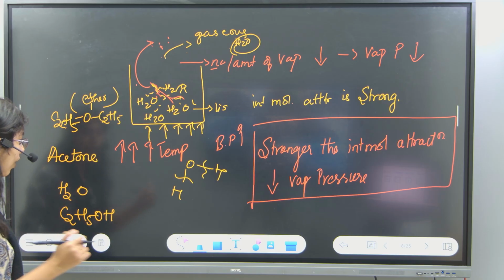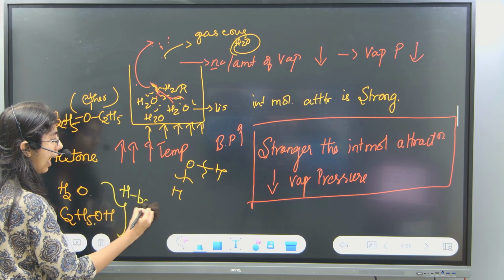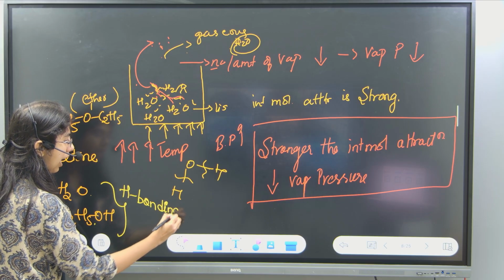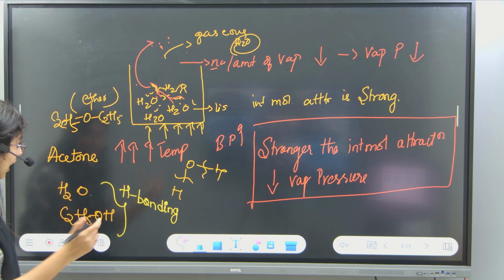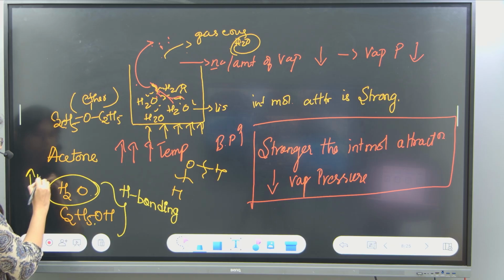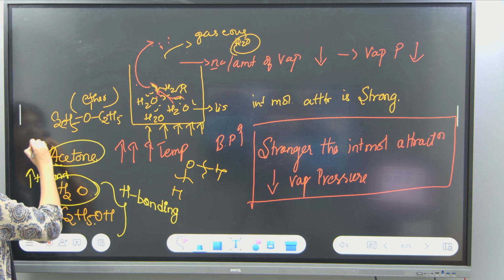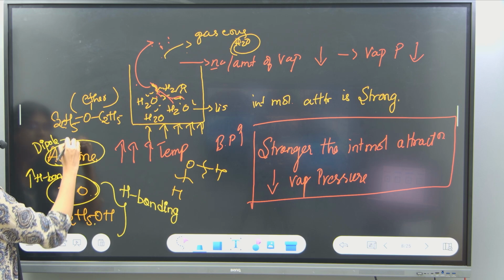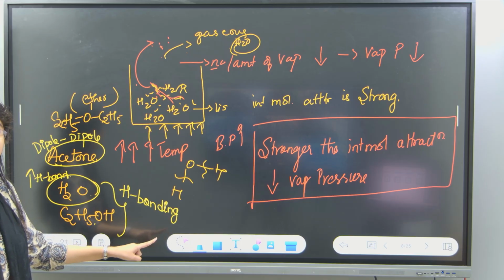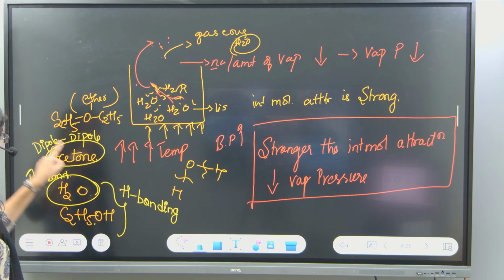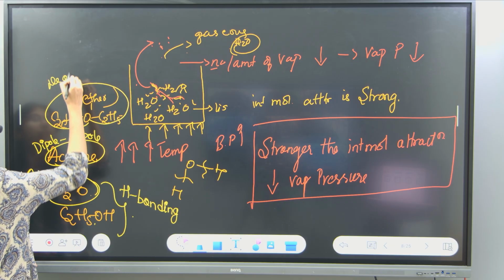As of now, remember that in case of alcohol and water, we observe hydrogen bonding, and the amount of hydrogen bonding will be high in case of water. In case of acetone, we see dipole-dipole interaction. These are different kinds of intermolecular forces, students. Here dipole-dipole, here hydrogen bonding, here weak dipole.